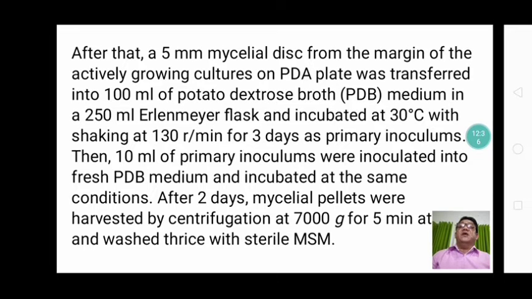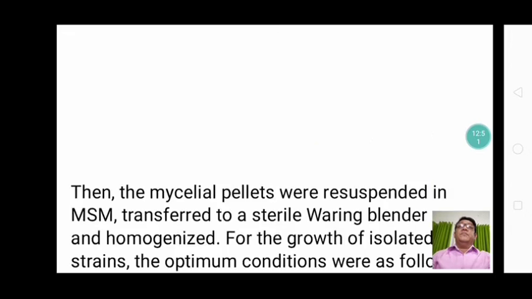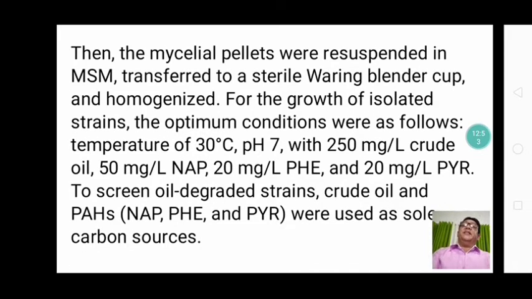After 2 days, mycelial pellets were harvested by centrifugation at 7,000 g for 5 minutes at 4 degrees Celsius and washed thrice with sterile MSM. Then the mycelial pellets were resuspended in MSM, transferred to a sterile Waring blender cup, and homogenized.